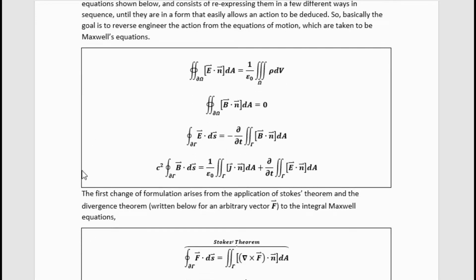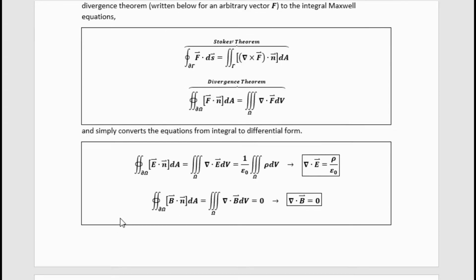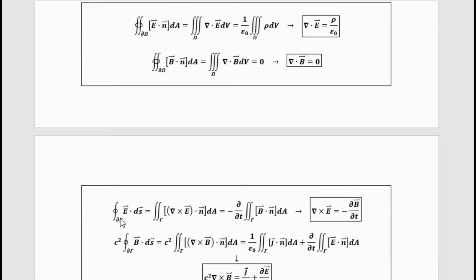The first change of formulation arises from the application of Stokes' theorem and the divergence theorem, shown here, written for an arbitrary vector field f, to the integral Maxwell's equations. When we apply them to the integral Maxwell equations, we get the differential Maxwell equations shown here.